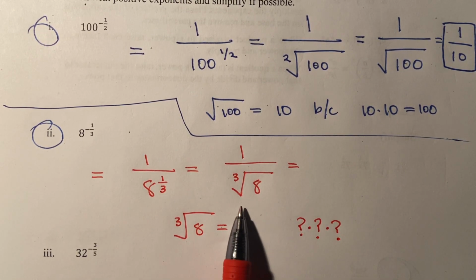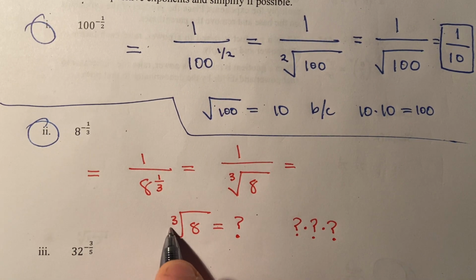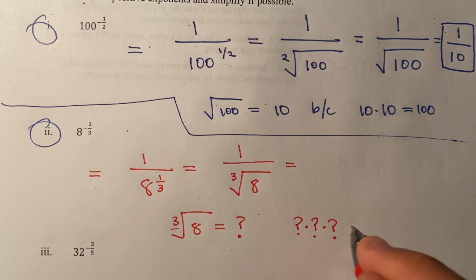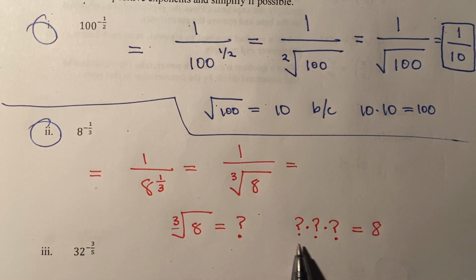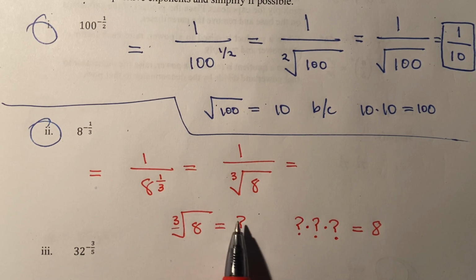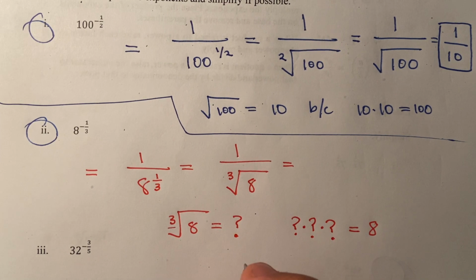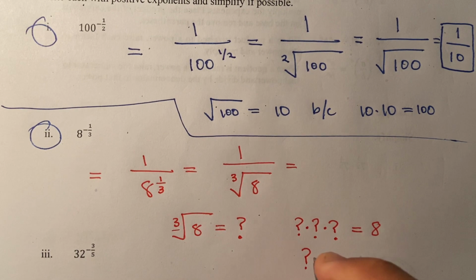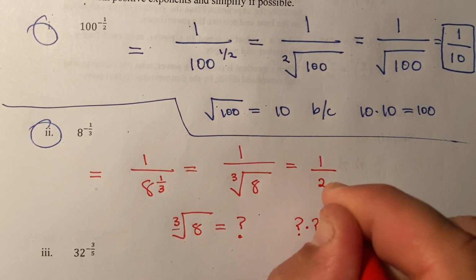So whatever number this is equivalent to will be the number such that multiplied by itself 3 times, based on that 3, equals 8. This is the kind of puzzle we're looking for when we're presented with something like this. So for that reason, question mark equals 2, right? 2 times 2 is 4, times another 2 gives us 8. So I know the cube root of 8 is 2. In other words, this is 1/2.